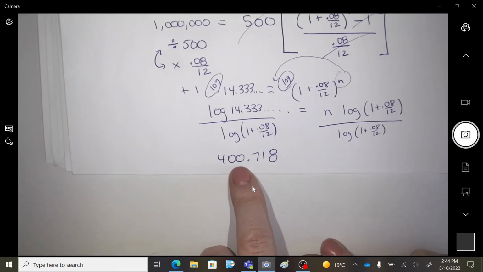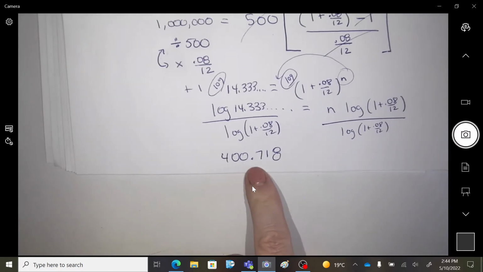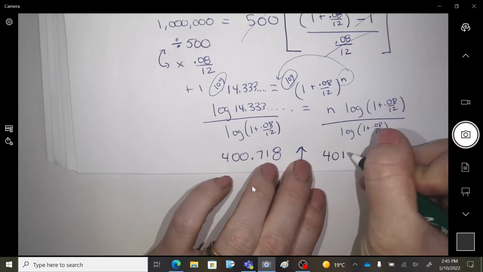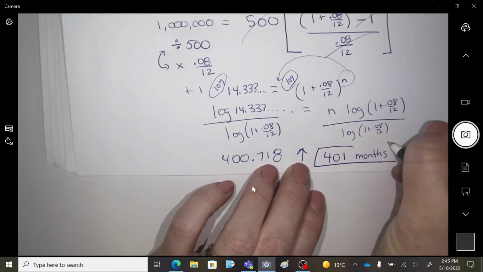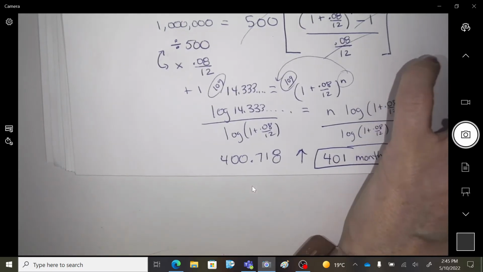Even if this was 400.2, in the bank sense, you're still going to have to make a 401st payment. Because if you round down, you're going to be short money. They give you 500. So 401 months. That's how long it's going to take me to be a millionaire.